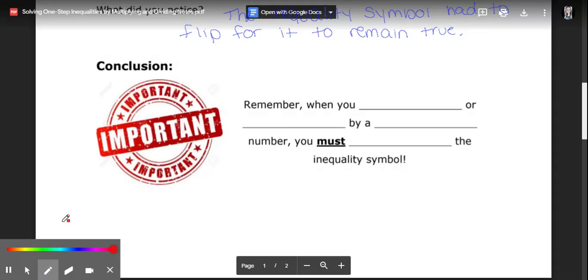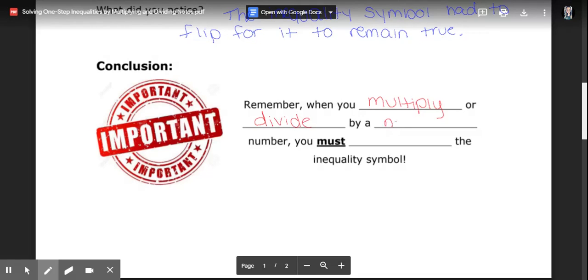So I would write this down on your paper. This is huge. Remember, whenever you multiply or divide by a negative number, you must flip or switch or rotate the inequality symbol.